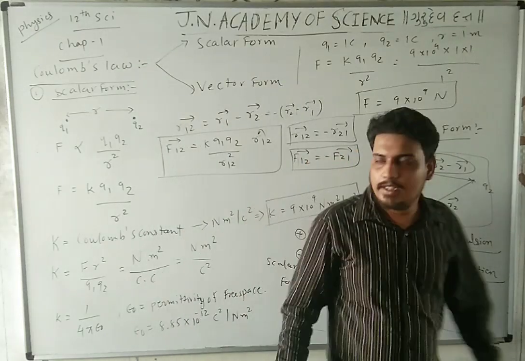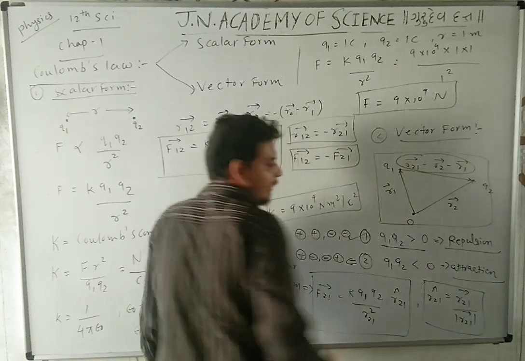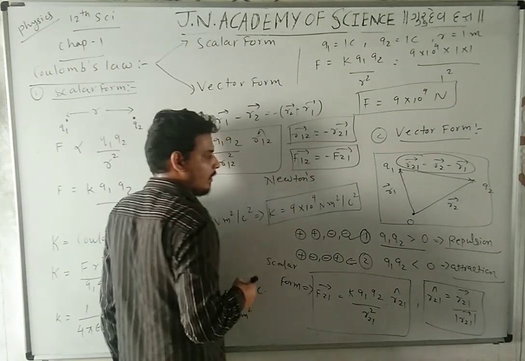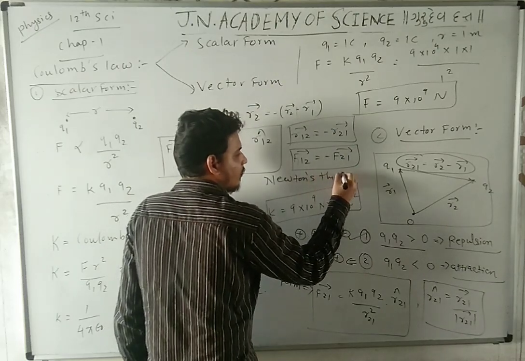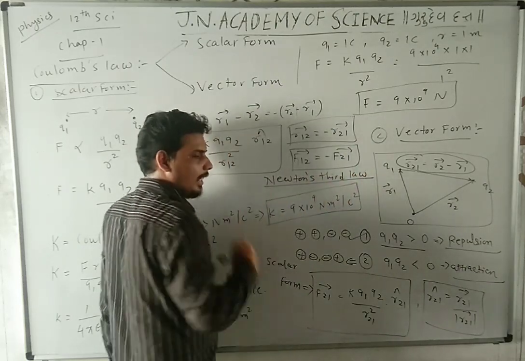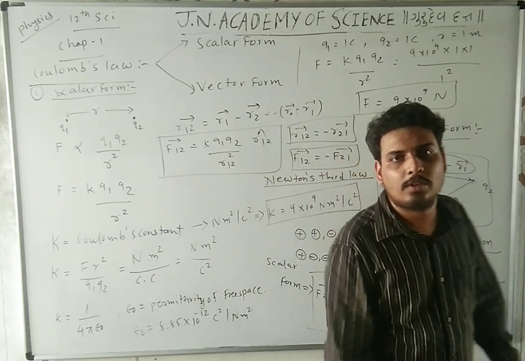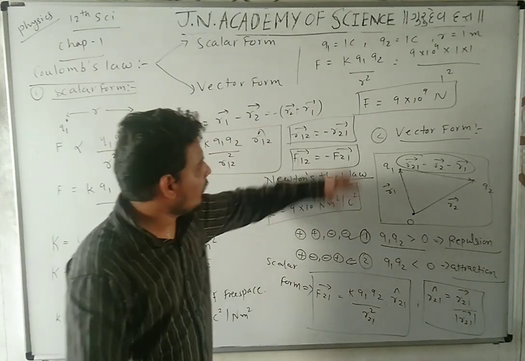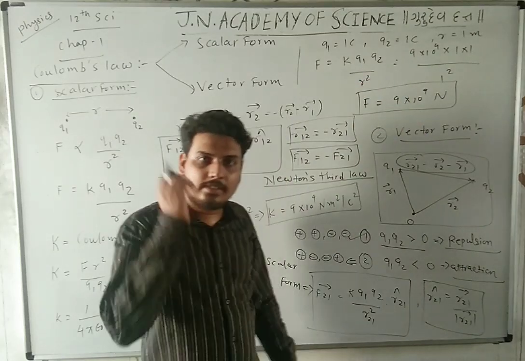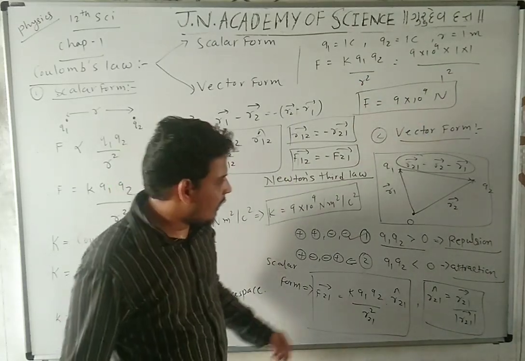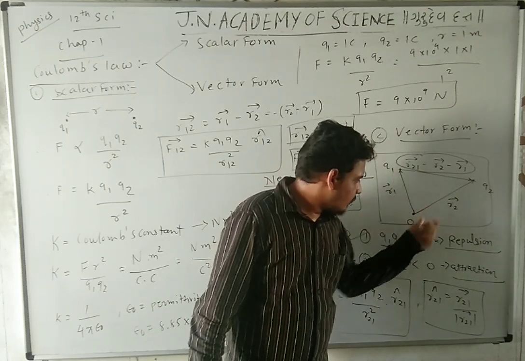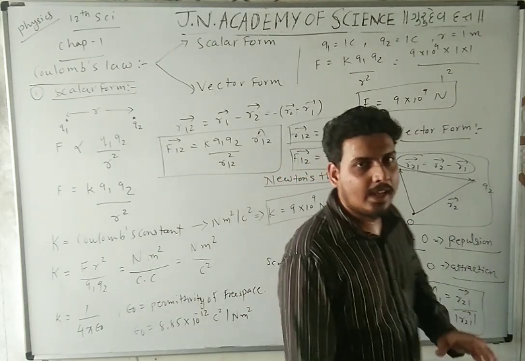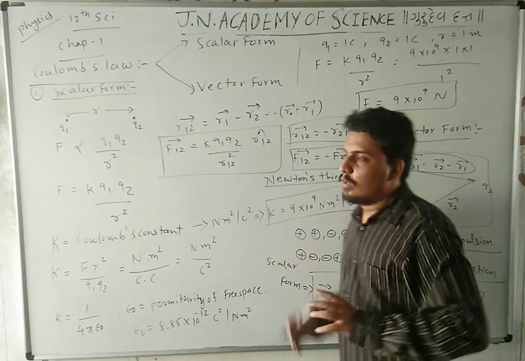So this equation represents Newton's third law. We can say that Coulomb's law also suggests Newton's third law in the vector form when we are considering 2-point charges with respect to a reference point. So this is about the scalar and vector forms of Coulomb's law.